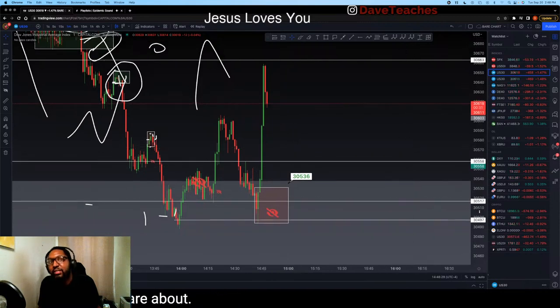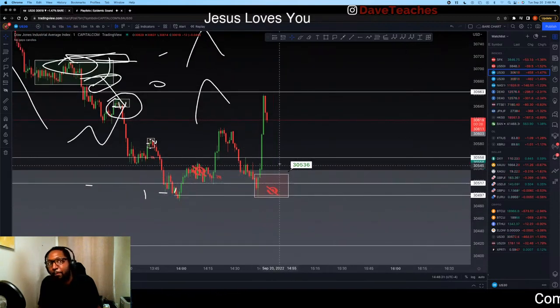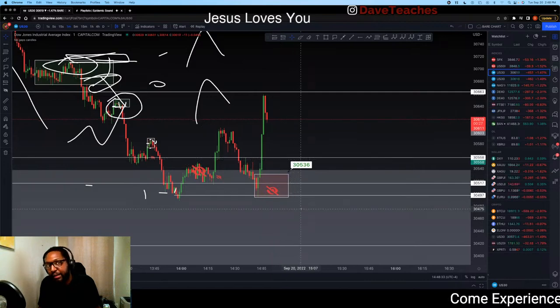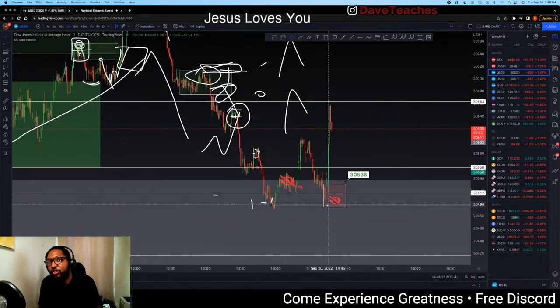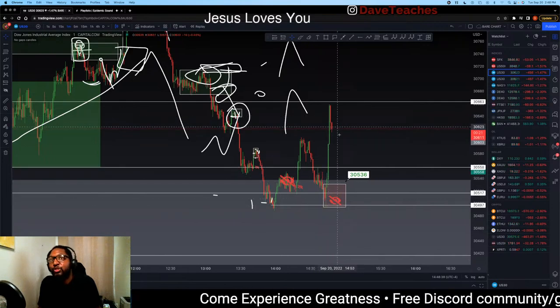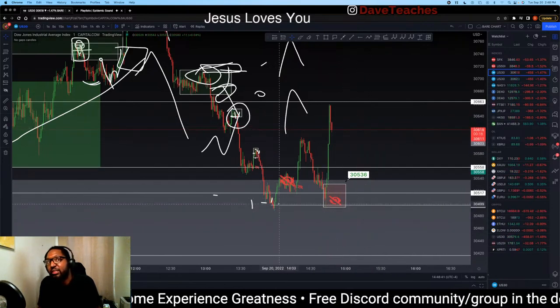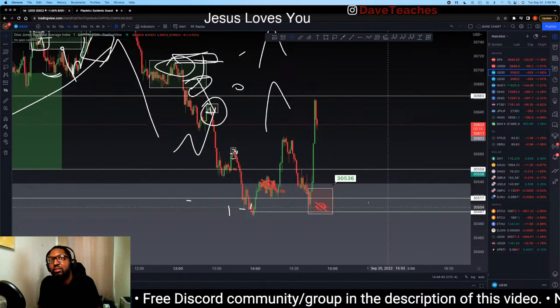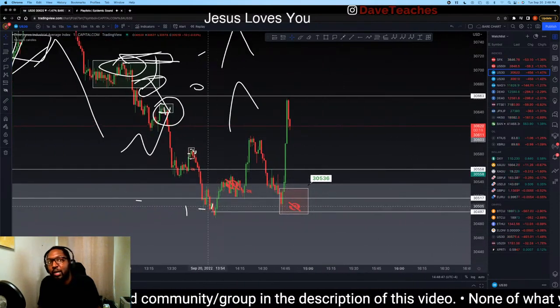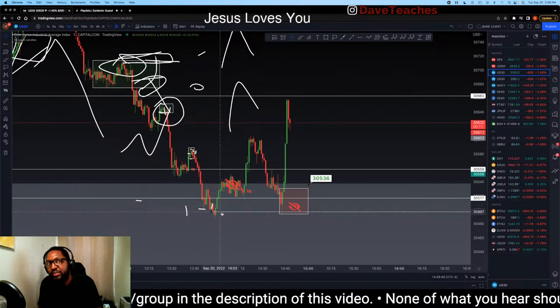And when they come back to them, oftentimes they'll come back out of it, but then come back and liquidate them. This one was the first tap into it, and we pushed up. So should we come back into this area, we should be looking for a liquidation of it.